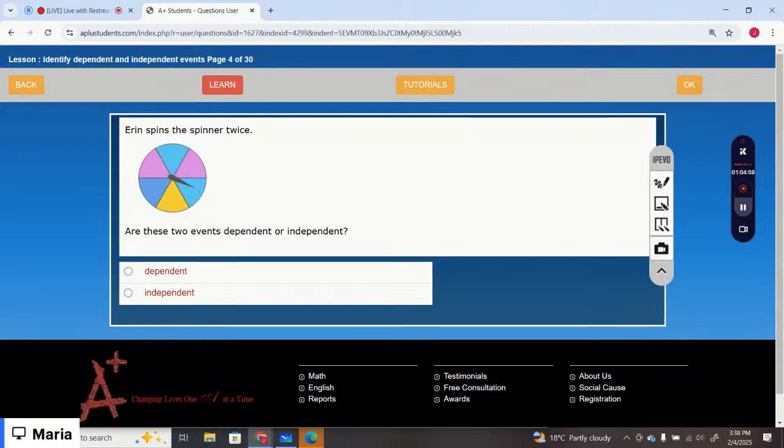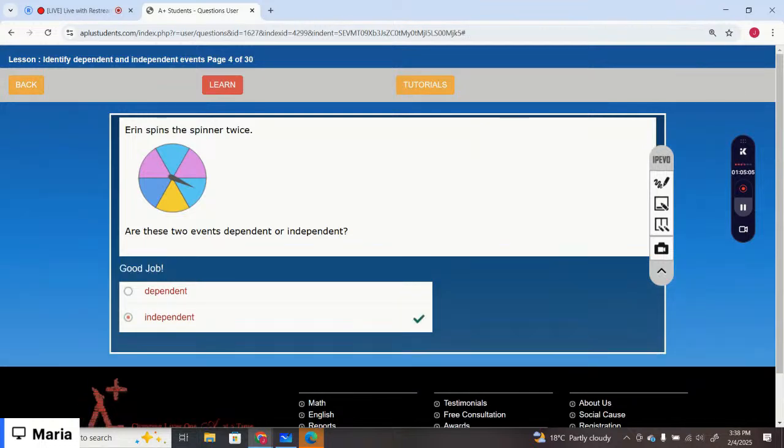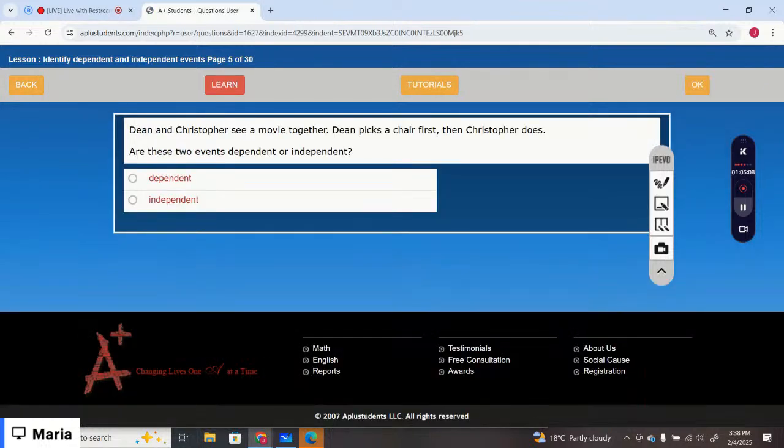Whenever you are working with spinners and dice, the events are always independent.